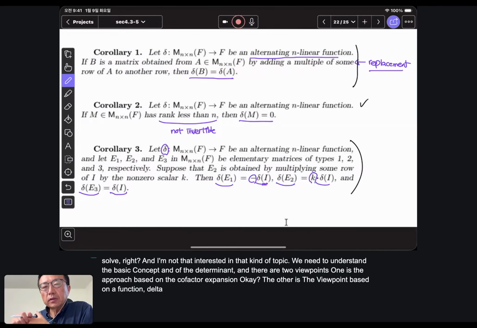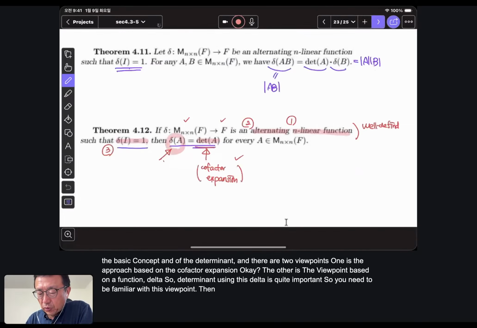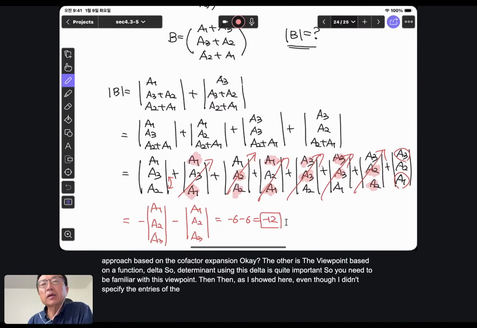So the determinant using this delta is quite important. So you need to be familiar with this viewpoint. Then as I showed here, even though I didn't specify the entries of the matrix A, we could find the determinant of that matrix.